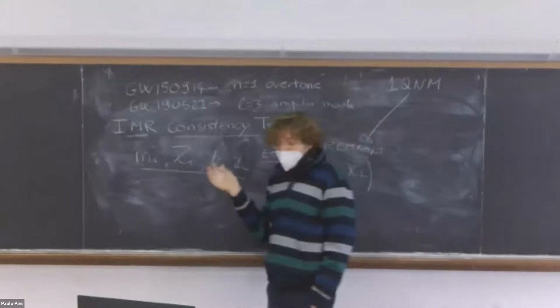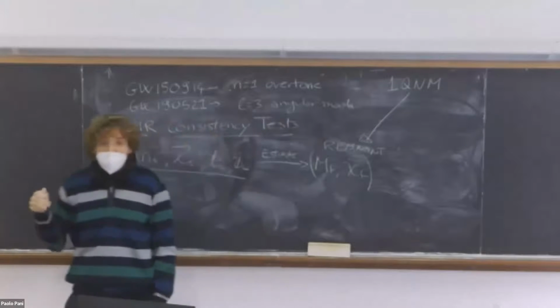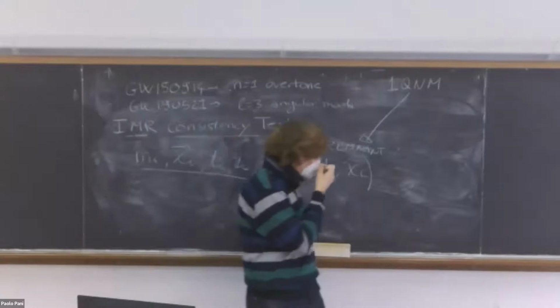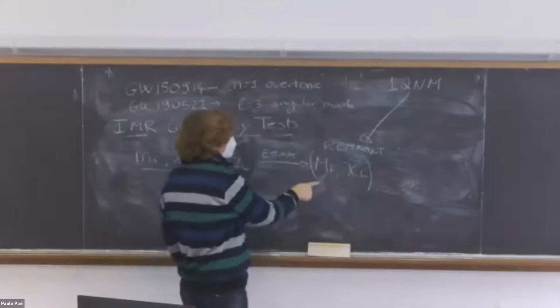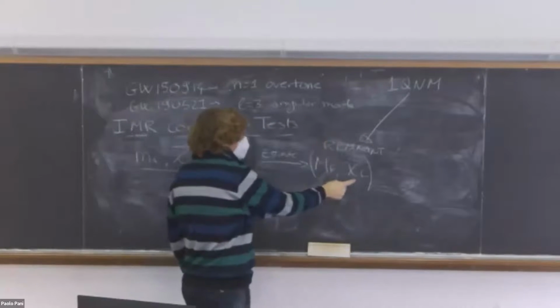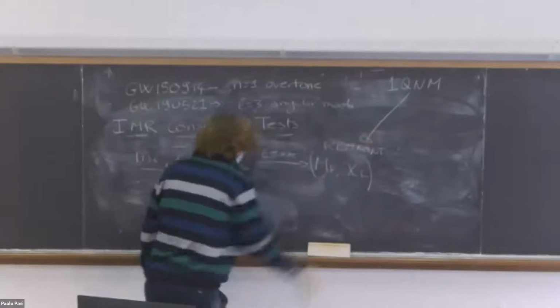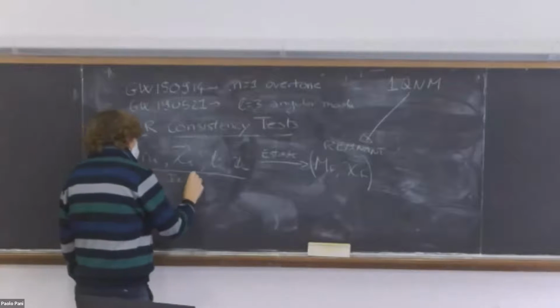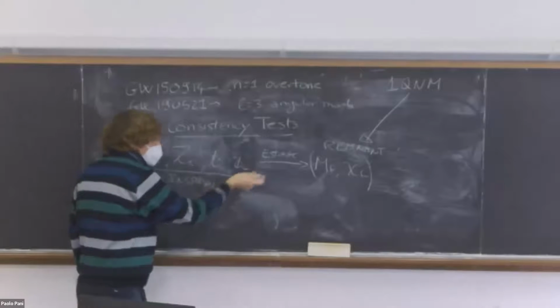And this is called a consistency test, because if GR is correct, and if our assumption that these are black holes is correct, these two inferences, the mass and spin of the remnant measured from the quasi-normal modes or from the inspiral, should agree with each other.